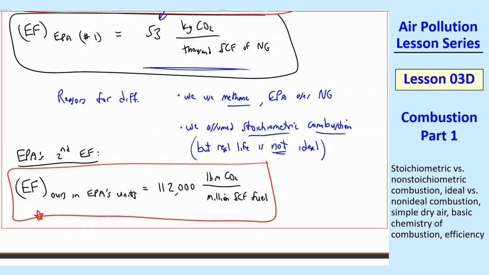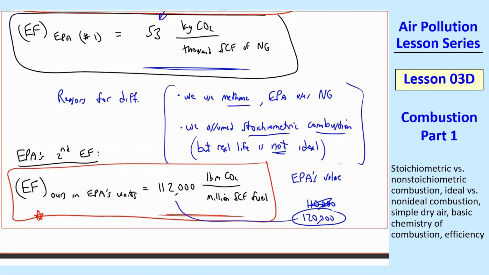And so you can do that on your own for practice. Again, to 3 digits, you get 112,000 pound mass CO2 per million SCF, and then compare that with EPA's value for this same thing in the same units. EPA's was 120,000. But again, that's pretty close. And we have the same reasons for the discrepancy. EPA's number one and number two are the same. They're just different units.